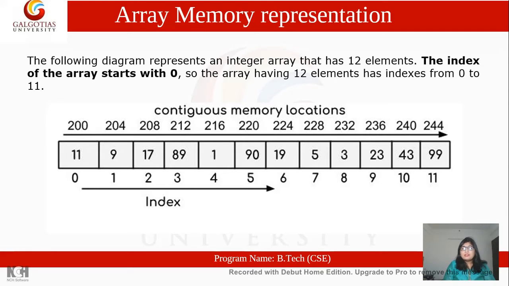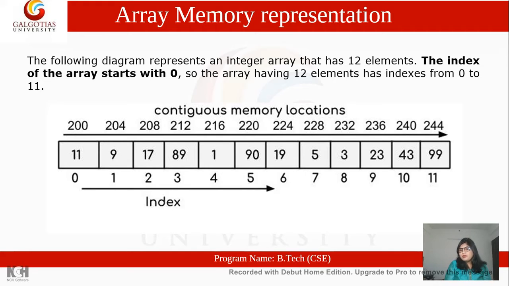Now in the diagram, as you can see, the memory location for the first element, that means at the 0th index, is 200. This is a hypothetical value for memory location just to make you understand. Then the next element is at address location 204 and the index value is 1. So you can see that the first element is of integer data type, and will take 4 bytes to hold.